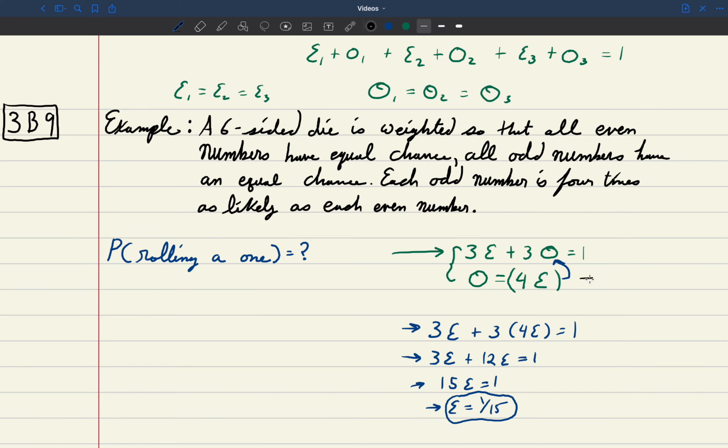Well, it's 4 times even, and 4 times 1/15 would be 4/15. Okay, so I think each odd number would equal 4/15. So I think the probability of rolling a number 1 when rolled one time is 4/15. Okay.